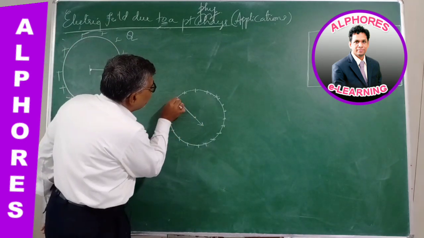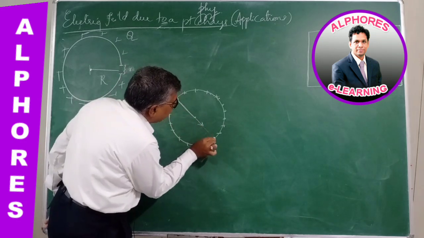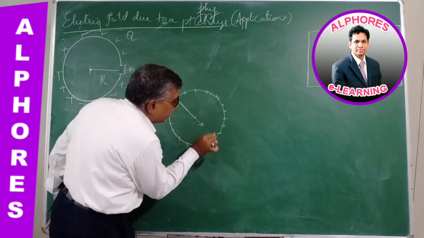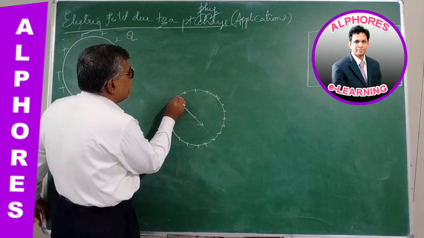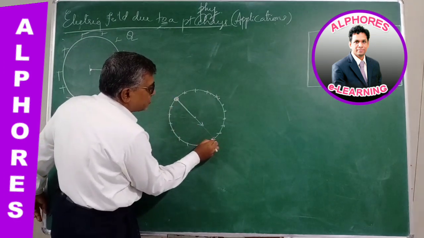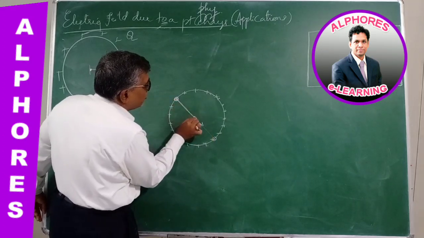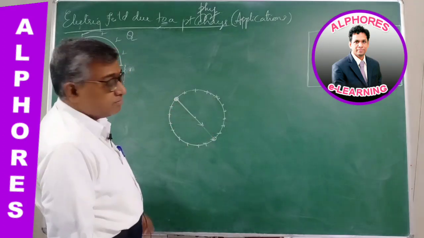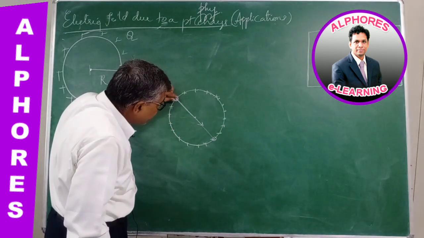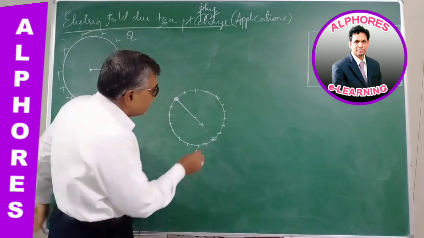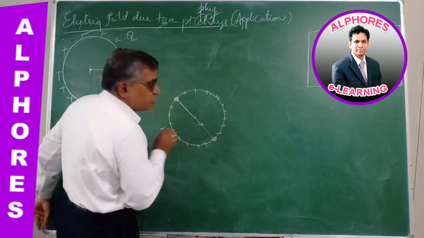Consider a similar part of the charge exactly diametrically opposite on the surface of the ring, of the same size as this. Whatever charge this small part possesses, the same charge this part would possess.